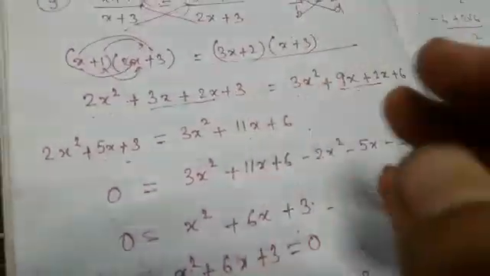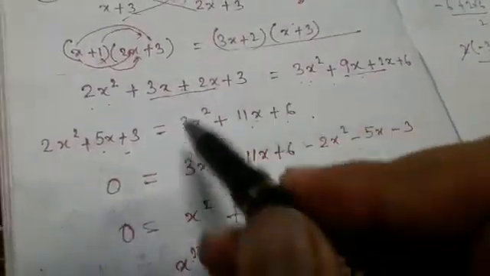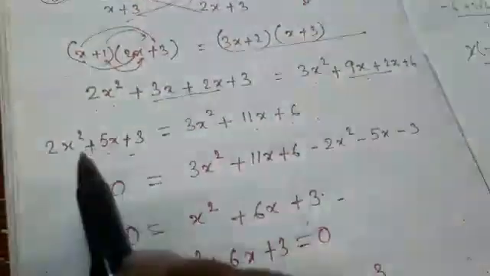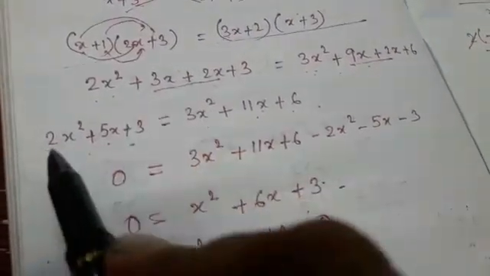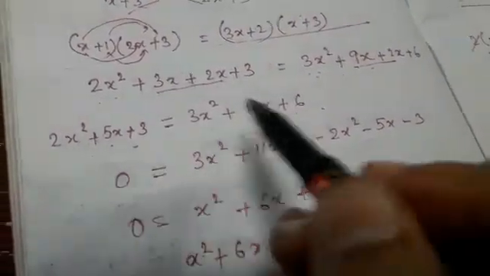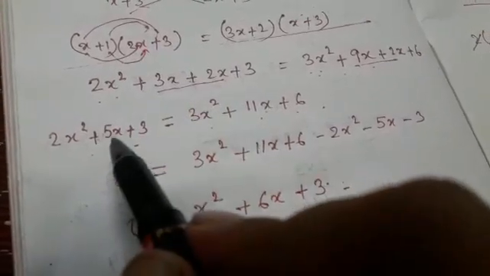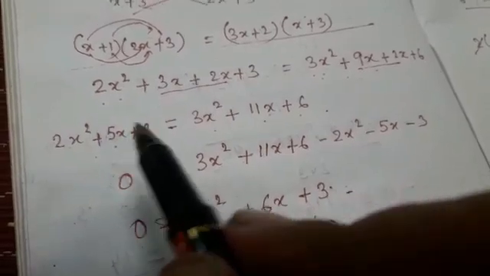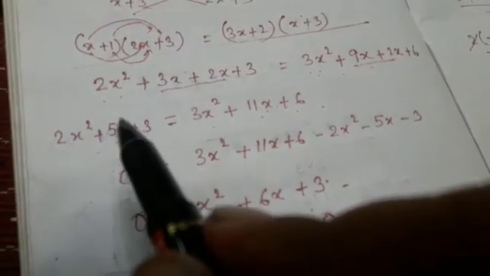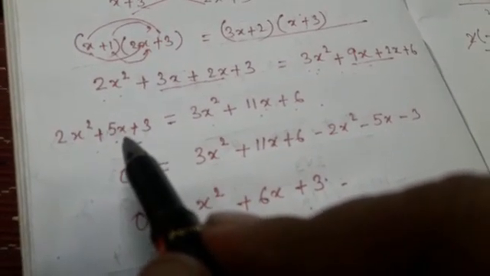Now bring everything on one side. Either you bring all these terms there, or you send these terms there. Now see students, if you send this term there, so 2x square is there. Now 3x square will come and it will become minus 3x square. So 2x square and minus 3x square, so one minus sign will be there in the quadratic.